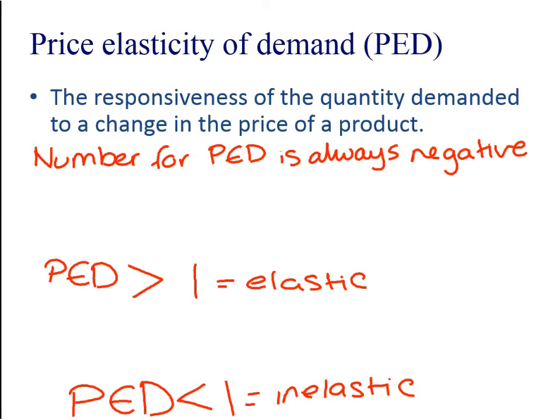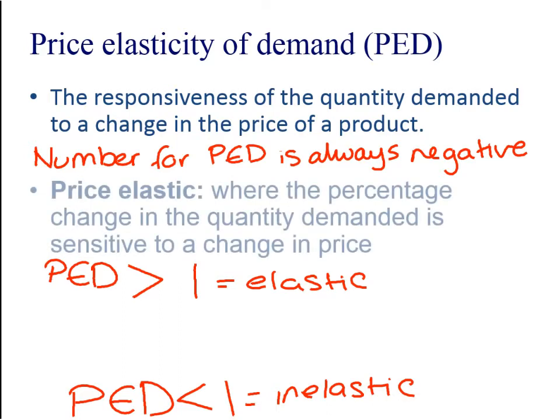That means that your PED figure should always come out negative. Now, there will be exceptions to this, but that's more degree level stuff, so you don't need to worry about that at AS Economics. So they're always going to come out negative, so we don't really need to include the negative symbol in there, but if you do, you can put it in to be absolutely correct, it's fine.